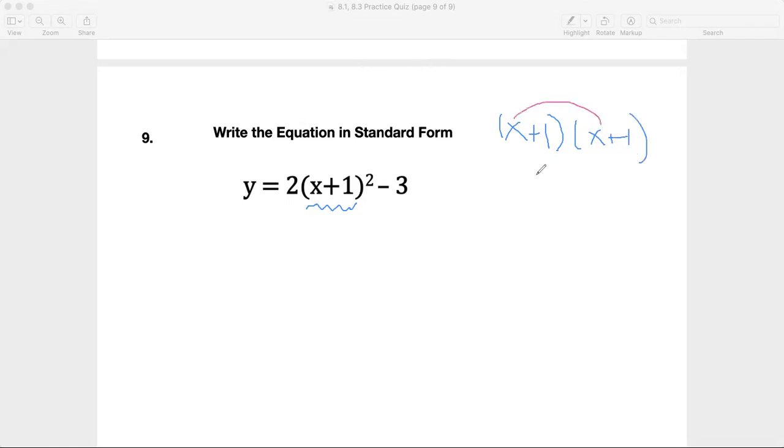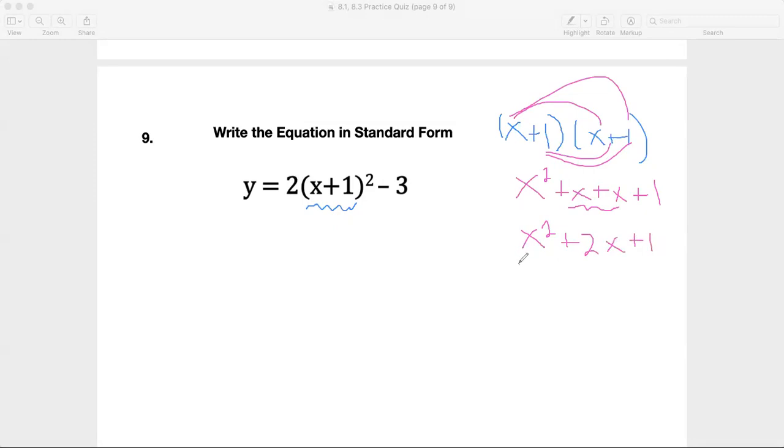So x times x is x squared. And then x times 1 is a single x. And 1 times x is just another x. And then 1 times 1 is 1. Then you're going to combine your middle terms, which are the same in this case because it was a perfect square. So it's going to be x squared plus 2x plus 1.